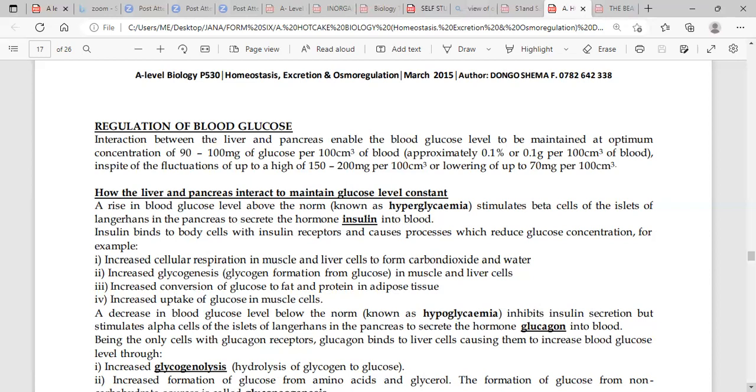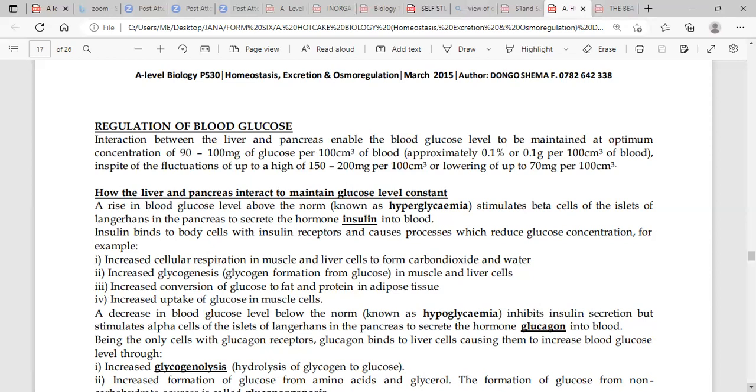So that is what happens. Insulin binds to the body cells with insulin receptors and causes processes which reduce glucose concentration as the following.